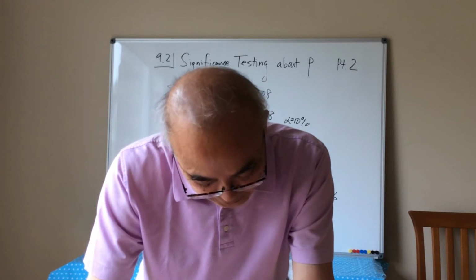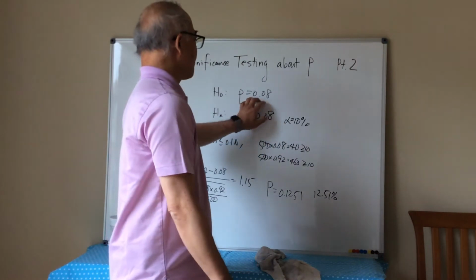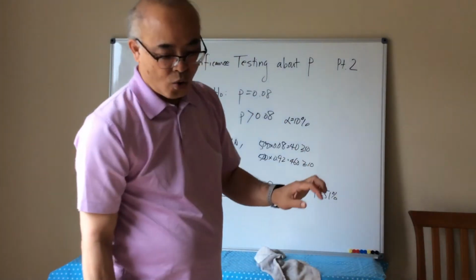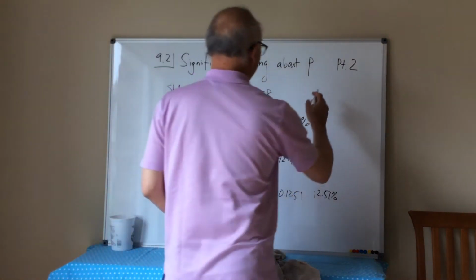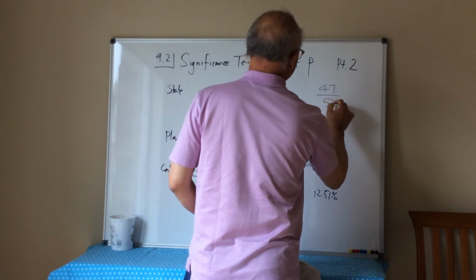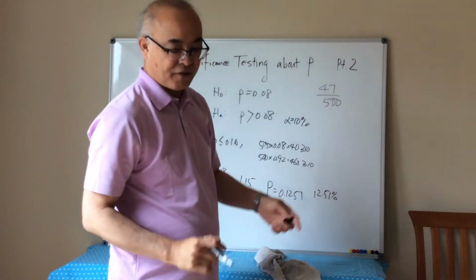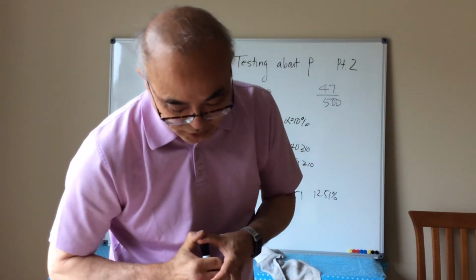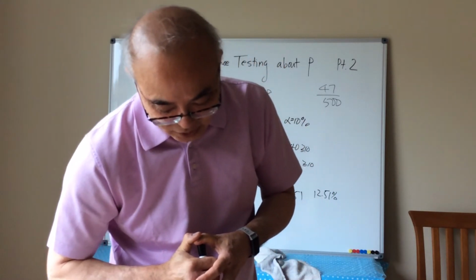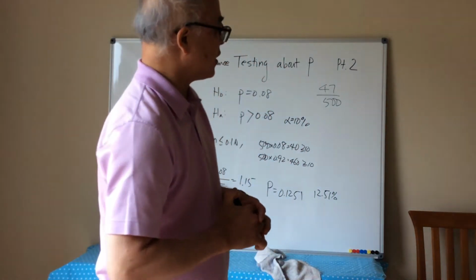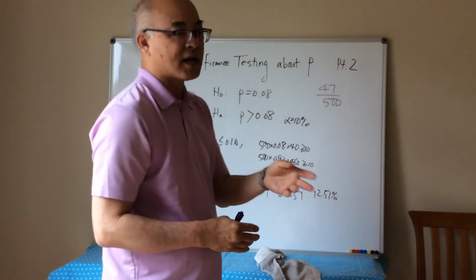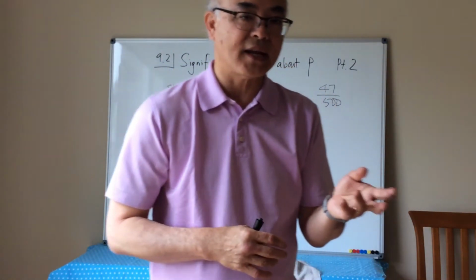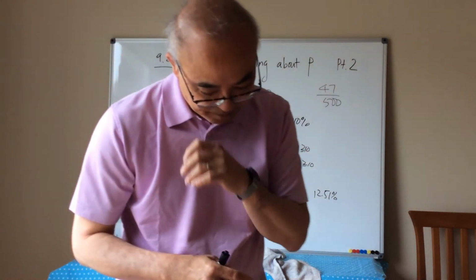It's going to ask you to put in the p0, which is the proportion of the null hypothesis. Then it asks for the number you got. You had 47 out of 500, so you put in the 47 and then the 500. That's the x and the n. Notice it has not equal to p0, greater than, or less than p0, so it needs to know which side you're doing, one-sided or two-sided.